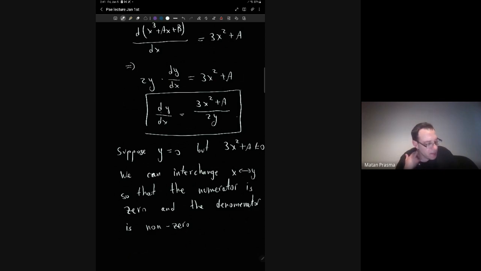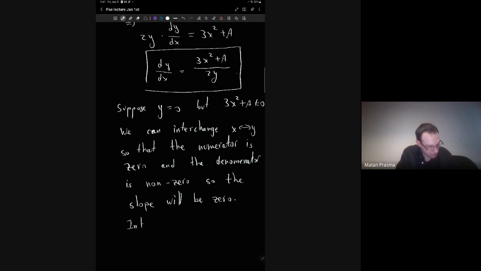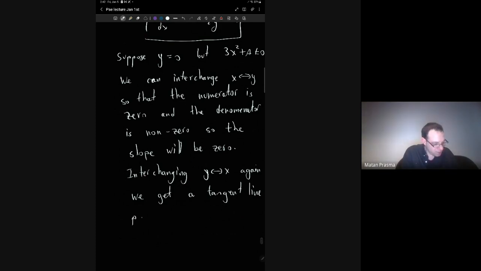So this means that after we interchange x and y, dy/dx, which is the slope, will be 0, and then I can interchange again, and we get a tangent line parallel to the y-axis.